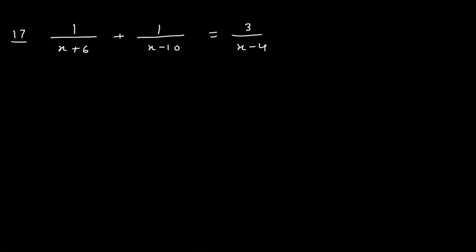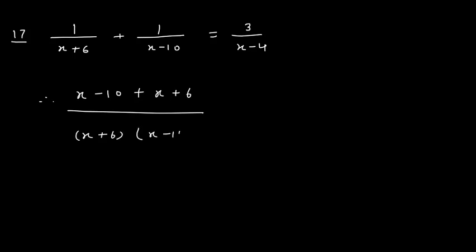Now let us see this 17th question. Here what we do, we cross multiply. It is (x minus 10 plus x plus 6) whole divided by (x plus 6) into (x minus 10), and on right hand side it is 3 upon x minus 4.